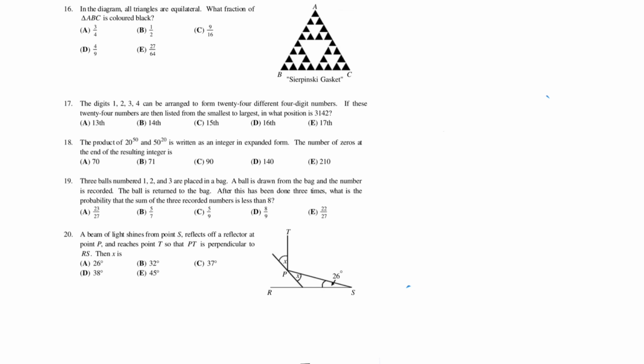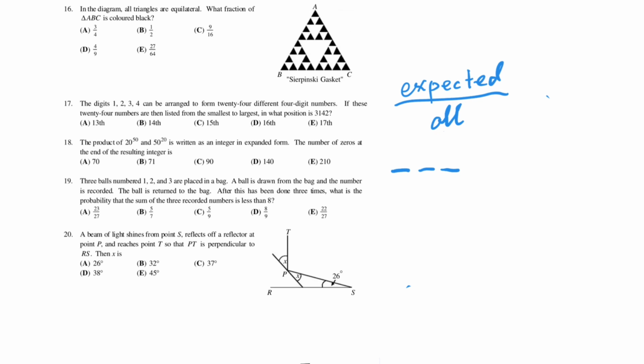Probability equals the expected over the overall. Here, expected is all the sums of numbers less than 8. The overall is how many ways we can draw. So we have 3 balls.